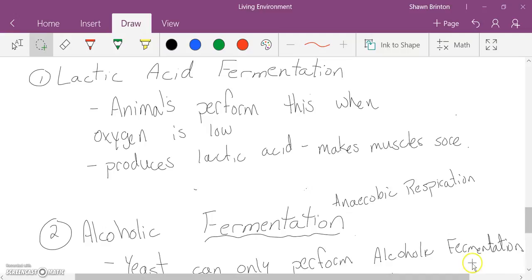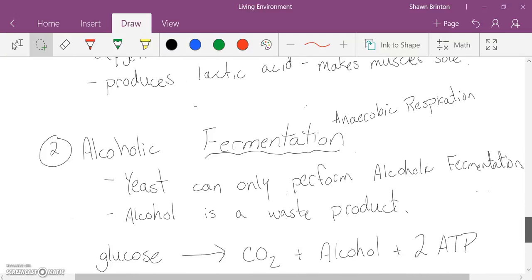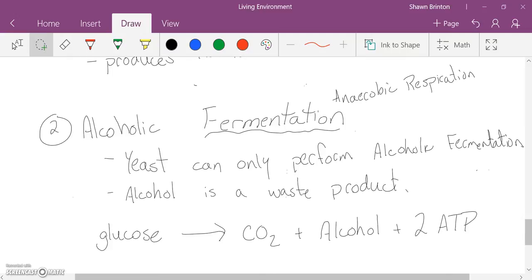We're going to focus more on alcoholic fermentation. We're going to do our fermentation lab on this, and yeast can perform it. Yeast only do alcoholic fermentation, and alcohol is the waste product.